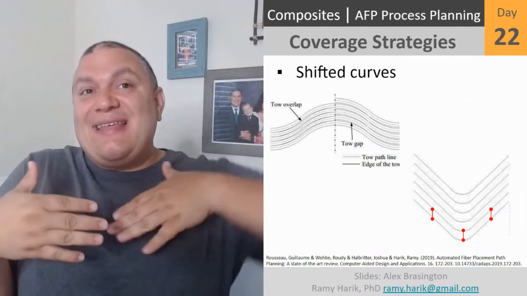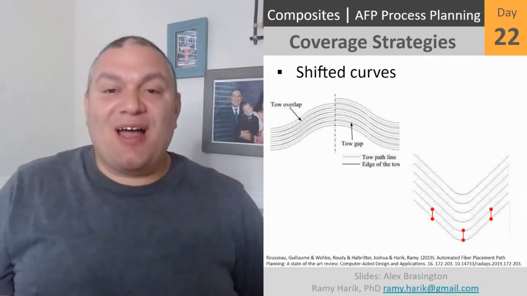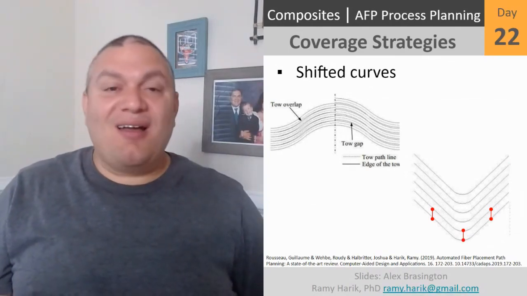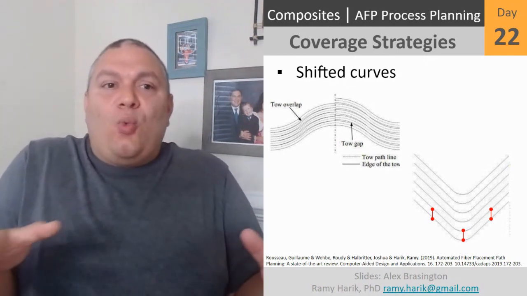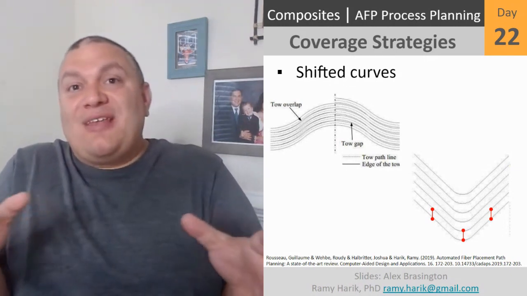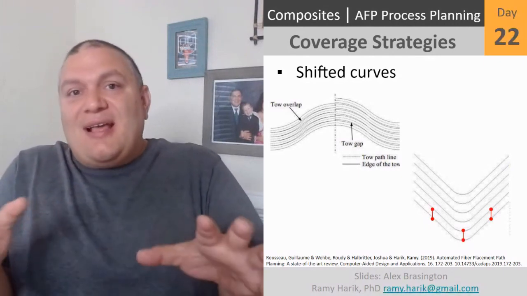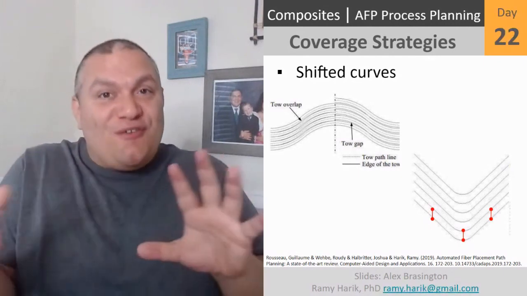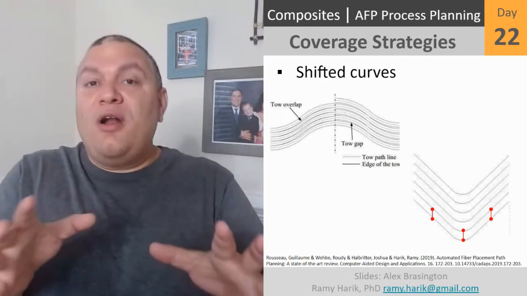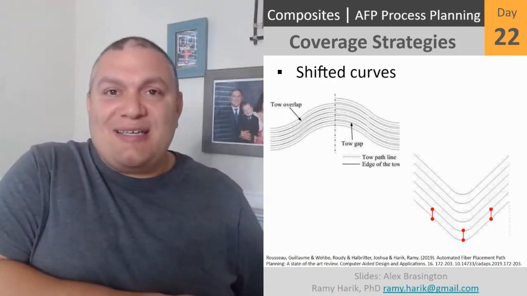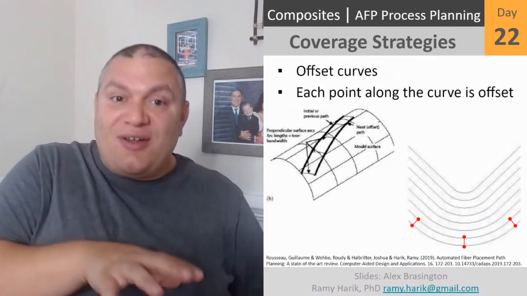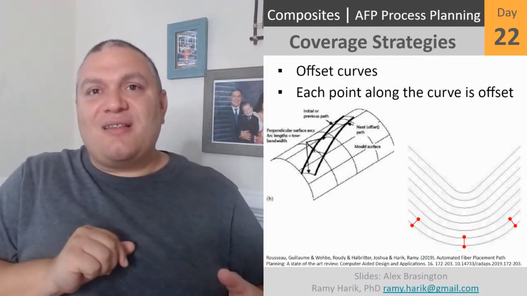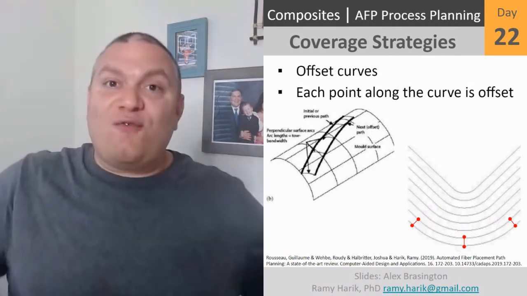So it's going to create gaps between those shifted curves, and it can be problematic. So it's a trade-off. What do you want? Do I accept gaps and overlaps, and like this, I would go more towards the shifted strategy, or you want to minimize your steering and so on, or you accept the steering like what we have in the offset, and you want a full coverage.